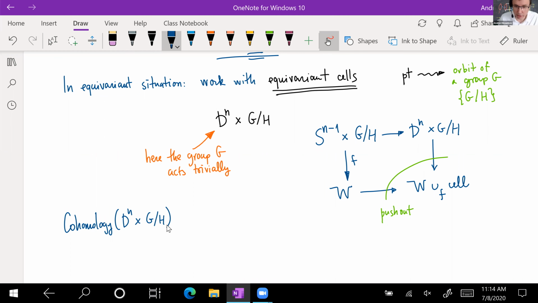Well, cohomology should be homotopy invariant, so this is just some graded something. So this is the cohomology of G/H, and that should be some specified sheaf.